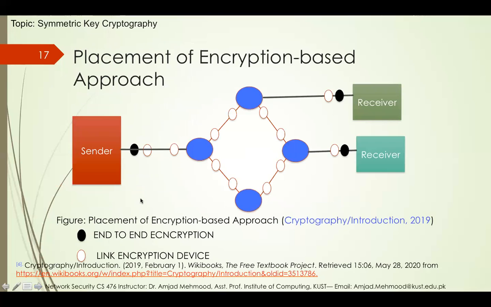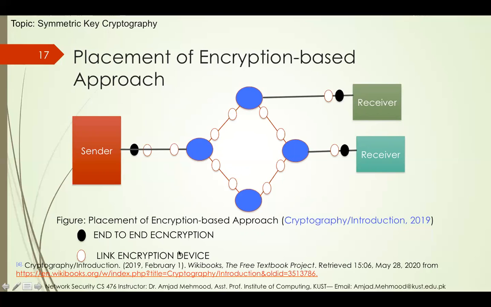Now, this is the demonstration of that. If the sender wants to send anything to the receiver, you have two techniques. In end-to-end encryption, the sender encrypts, or ciphers, and only the receiver deciphers that communication. Over the network, no decryption is performed.